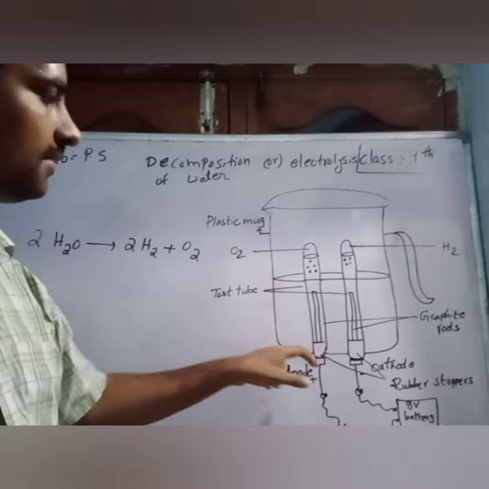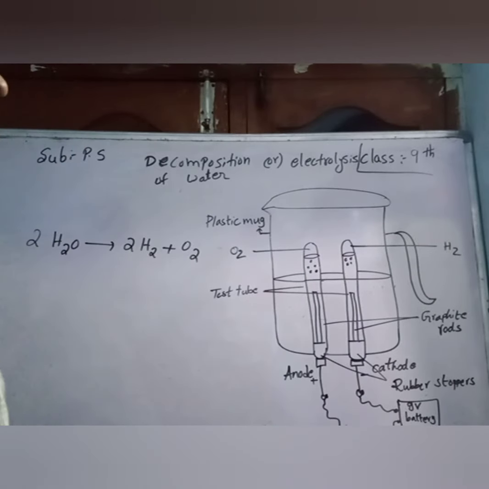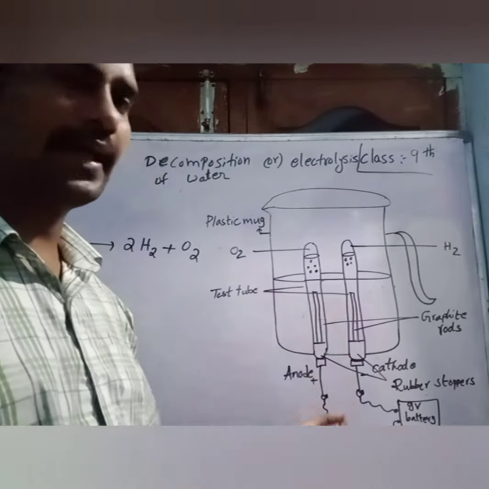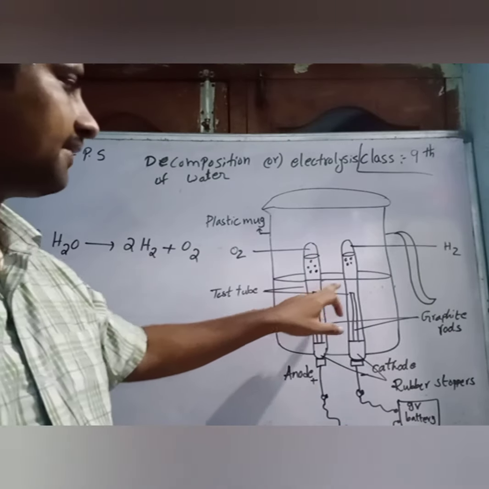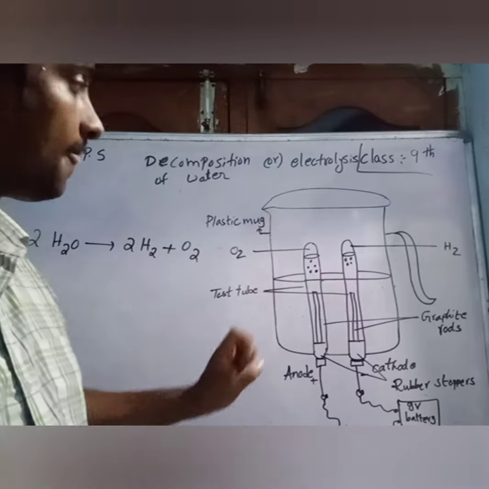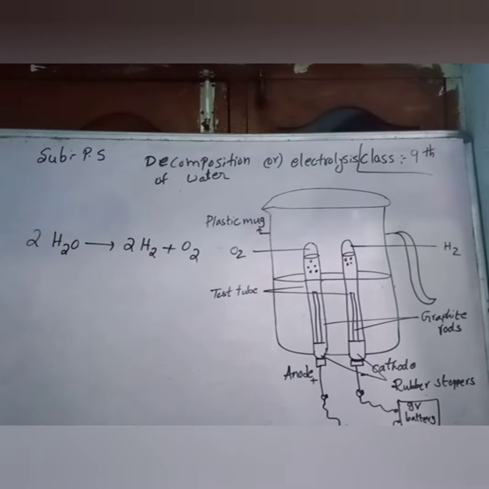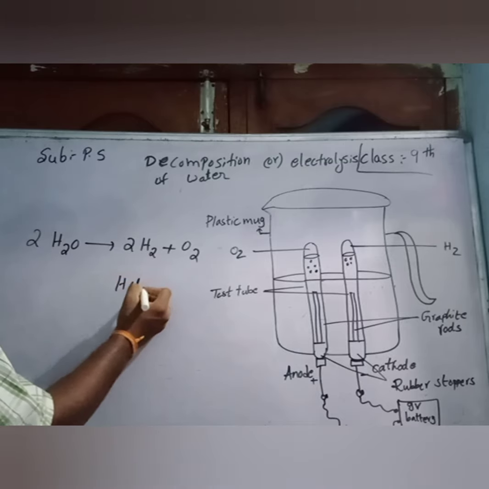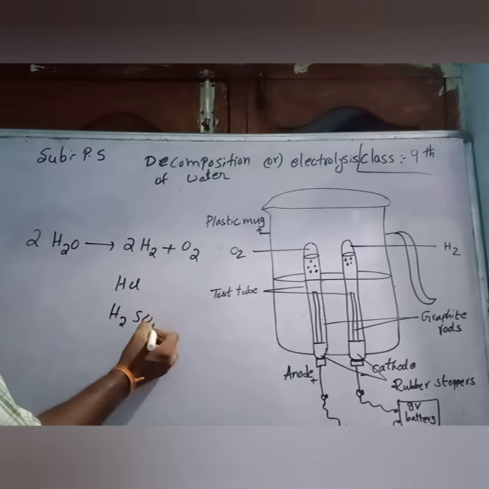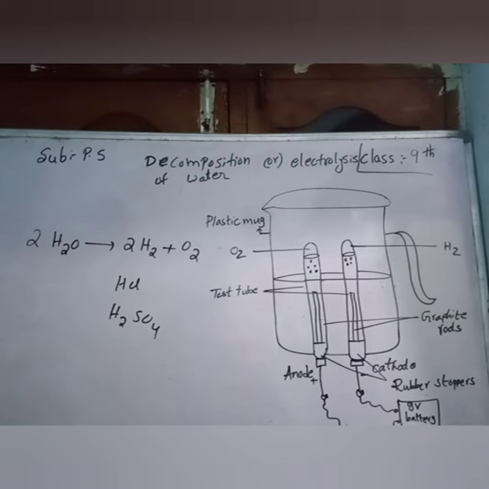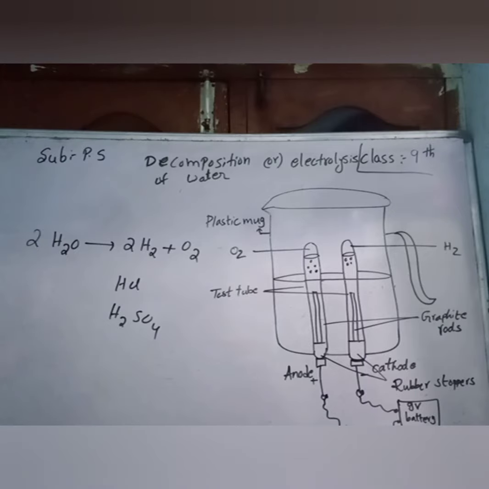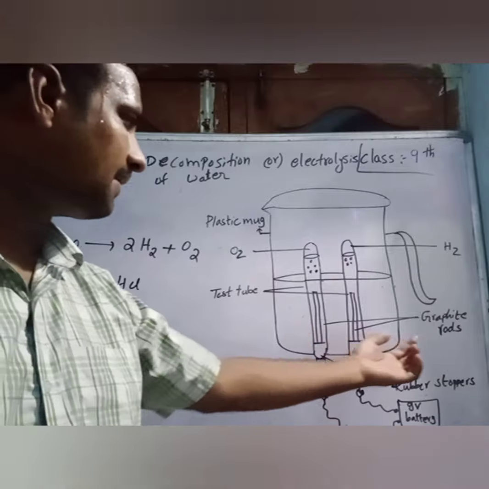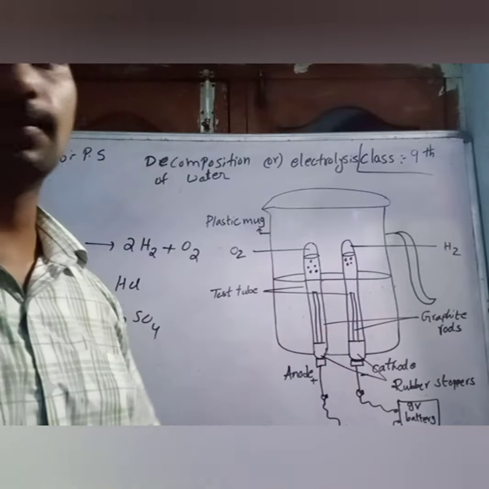Take one plastic mug, two test tubes in inverted direction filled with water, and hydrochloric acid, HCl, or H2SO4 acid, only 5 ml or 3 ml, and two rubber corks or stoppers, and one battery. Clear? And two graphite rods or carbon rods.